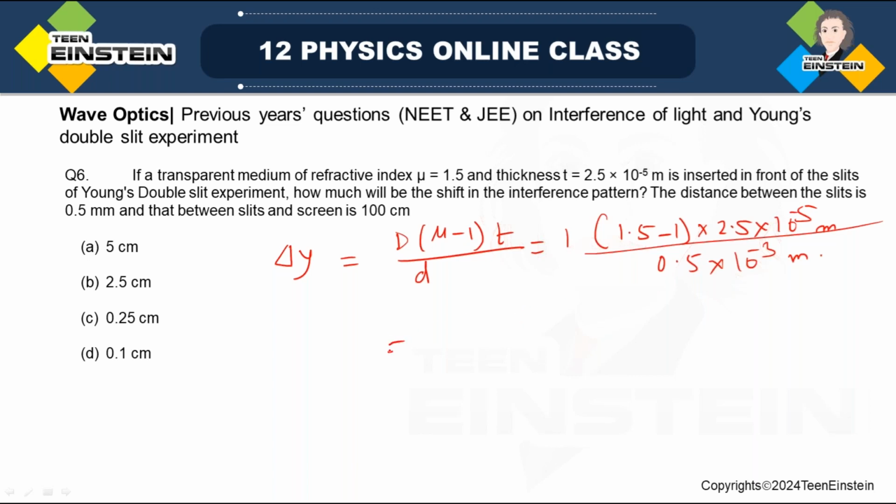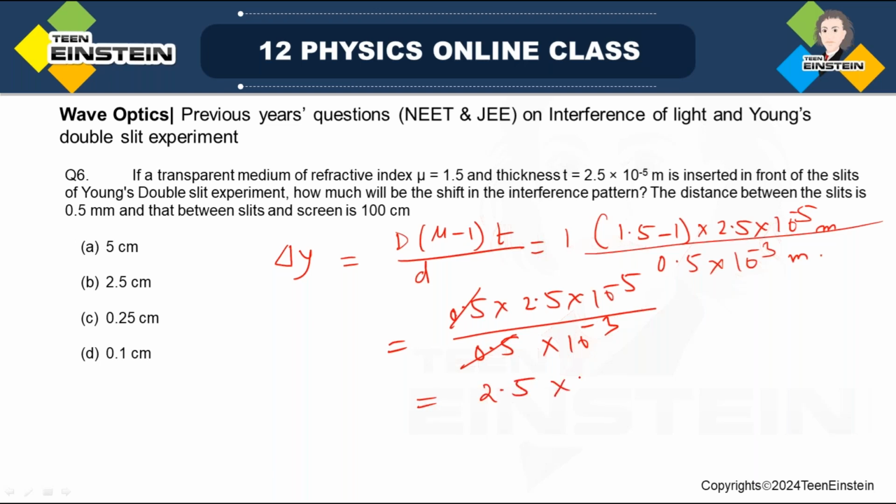Yes, so this is 0.5, this is 2.5 into 10 to the power minus 5 divided by 0.5 into 10 to the power minus 3. So this goes off, and here it will be 2.5 into 10 to the power minus 2. This is in meter actually. Okay, that means this is 2.5 centimeter. So here option B will be the correct answer for this case.